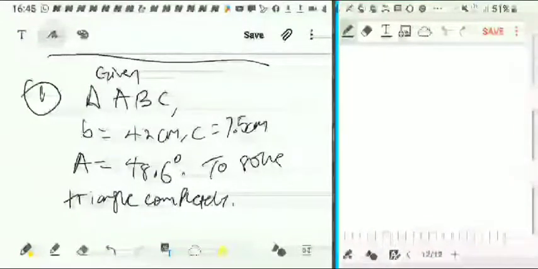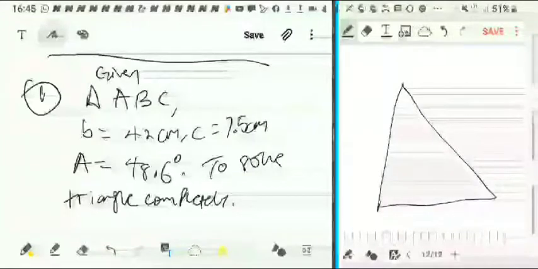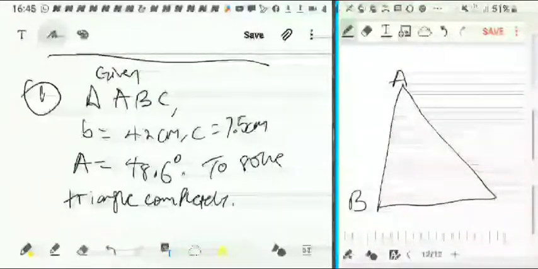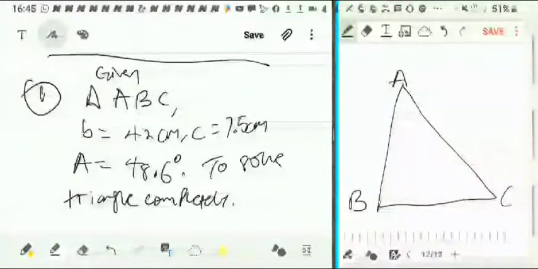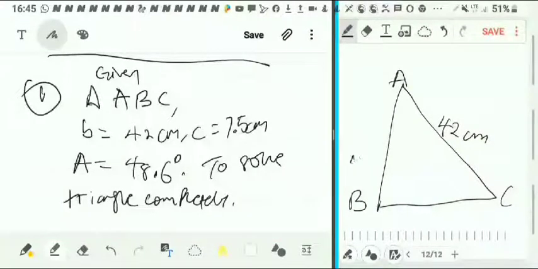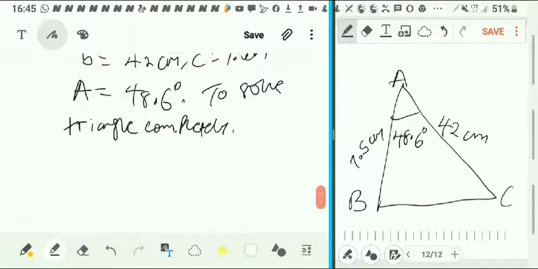Now triangle ABC. b is 4.2 cm, c is 7.5 cm, and A is 48.6 degrees. Okay, something like this. There's no way you can use the sine rule first.